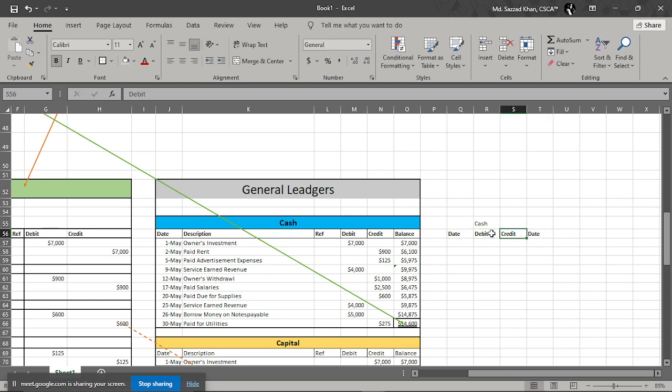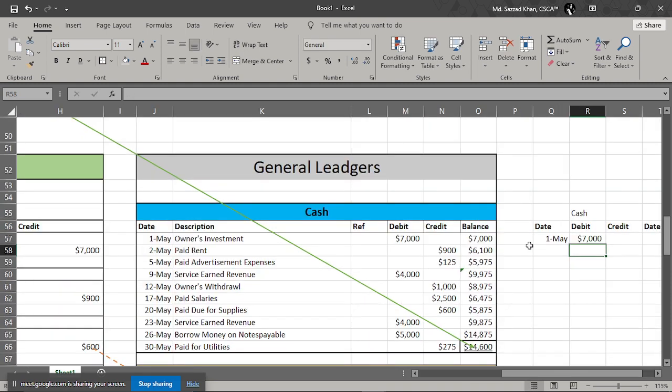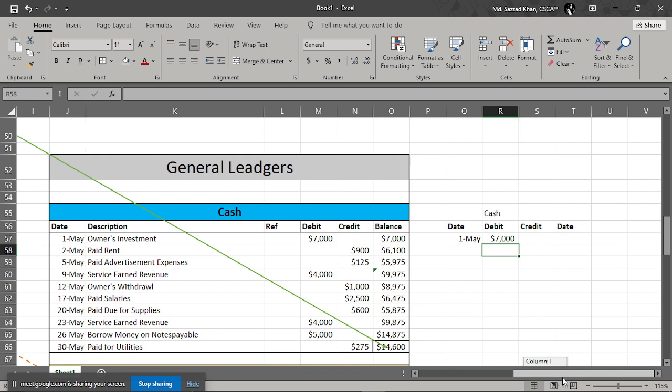So on 1st May, we see that cash has been debited. Write May 1. How much was debited? 7,000. The second of May, cash was credited.